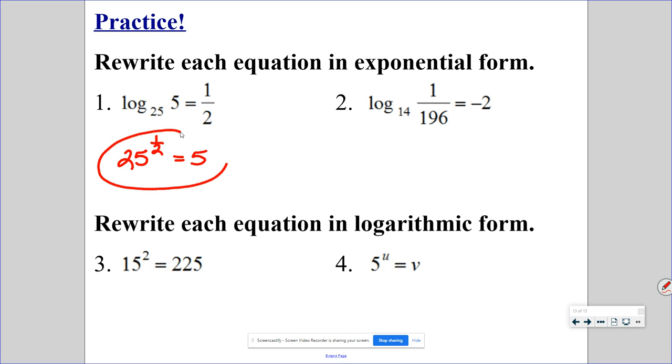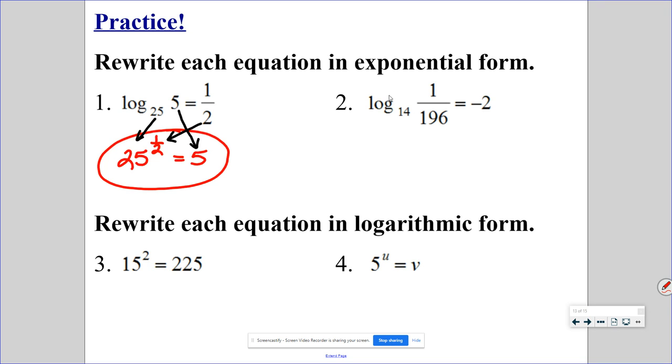That is all you have to do in this question, rewrite this expression as an exponential equation. I want you to look at the pattern. This little base number here becomes the base of the exponential. Whatever it's equal to turns into the power, and the inside goes to the other side.